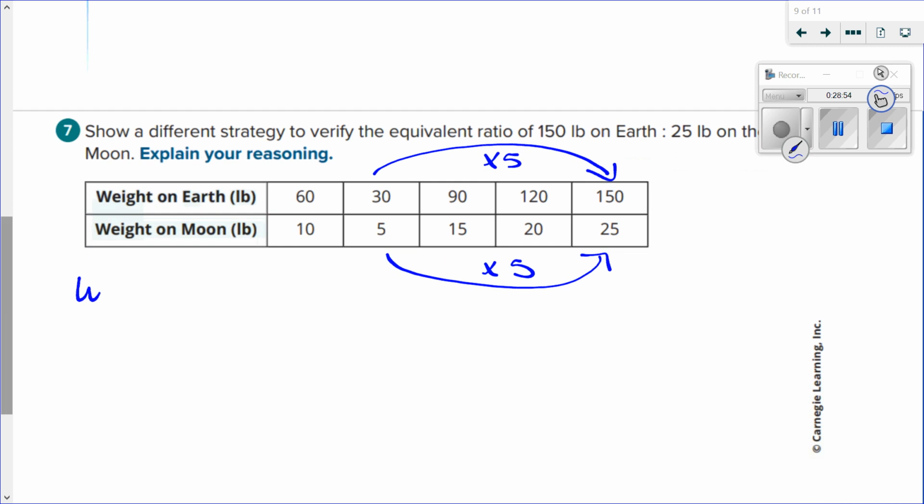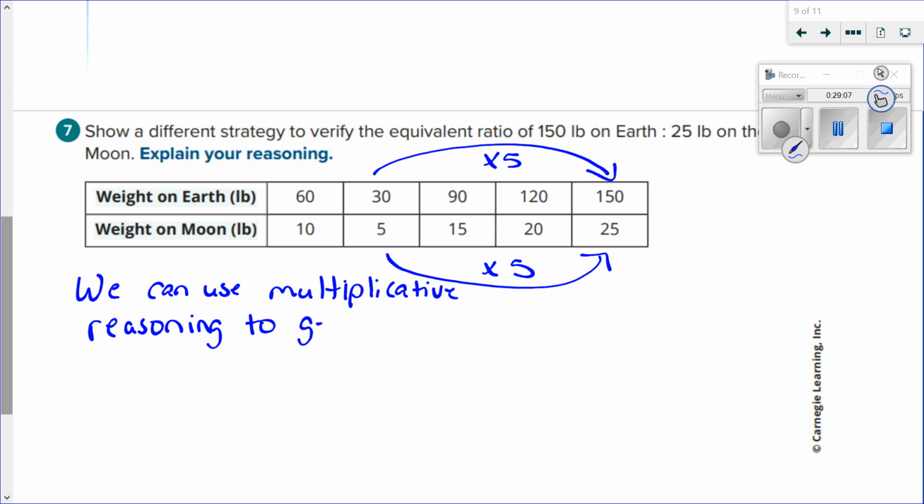So we can use multiplicative reasoning to get 150 to 25. Are there any questions about this?